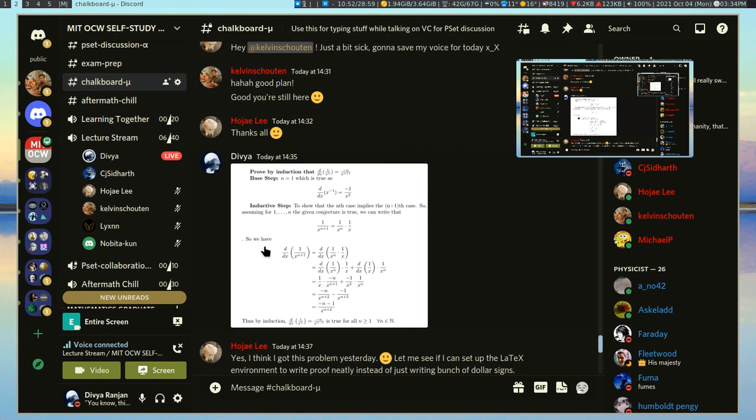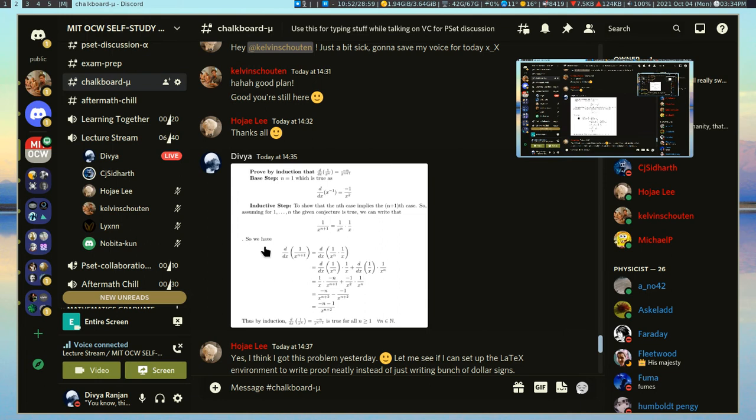I wish I knew the details. I don't. Maybe we can continue this later. But it's probably about something related to 2 to the n minus 1, right? Yes. So that is related to Fermat's little theorem, if you know. It looks a lot like that.